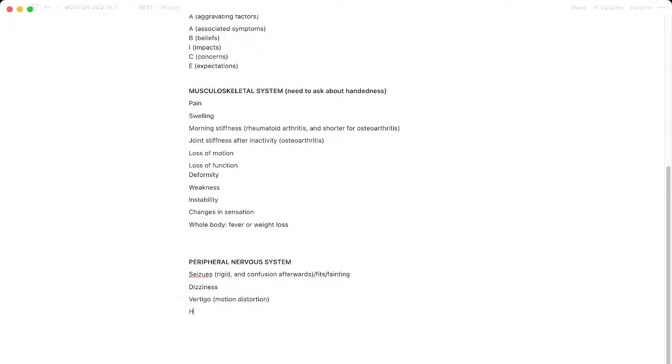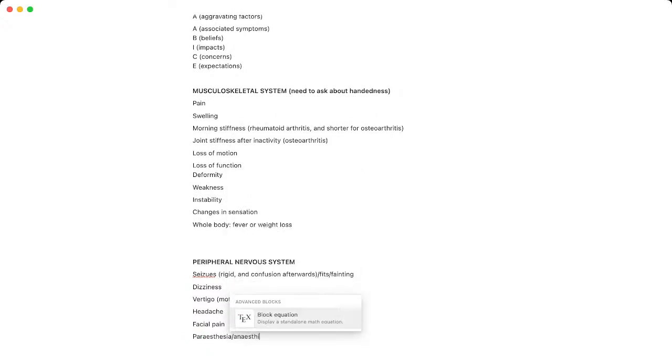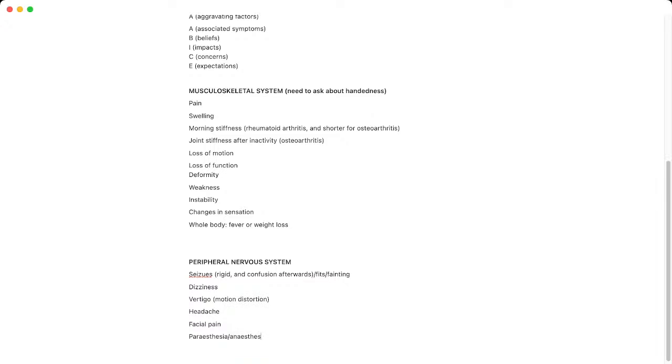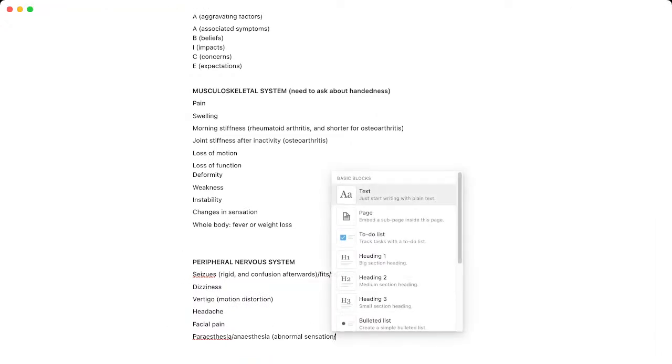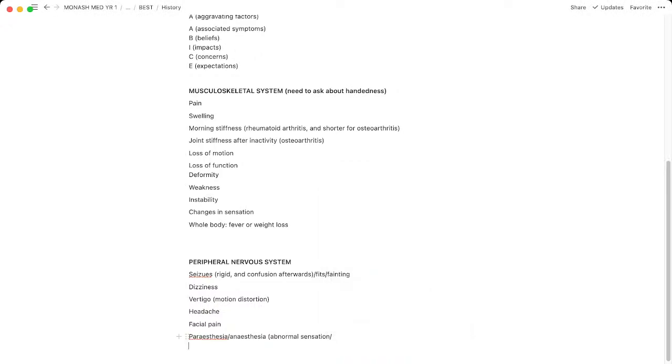Headache, facial pain, paresthesia, plus anesthesia. So abnormal sensation plus loss of sensation. What else?